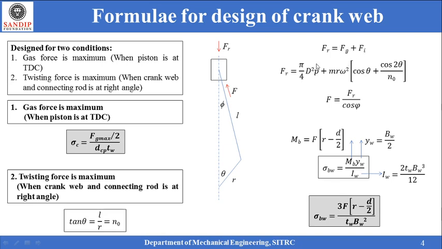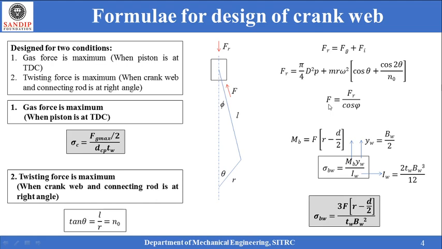The gas force is given by area of the piston into the gas pressure. So it is pi by 4 d square into P. The inertia force is given by m r omega square (cos theta plus cos 2 theta upon n0), where m is the mass of reciprocating components and omega is the angular speed of the engine.